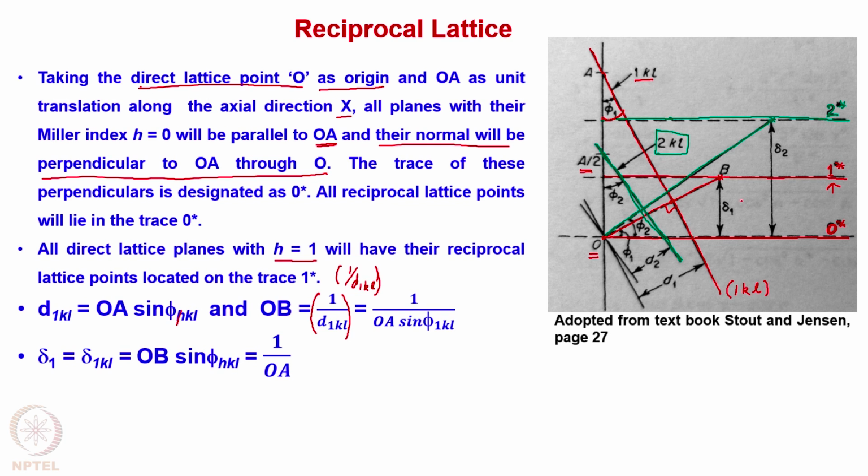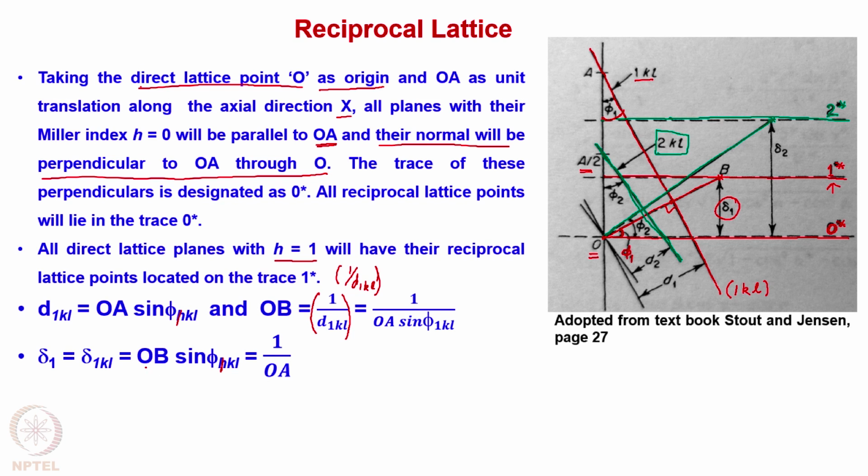Now if we want to know the value of delta 1, which is delta 1kl, it is nothing but OB sine phi 1kl, because if that angle is phi 1, the angle here is also phi 1.